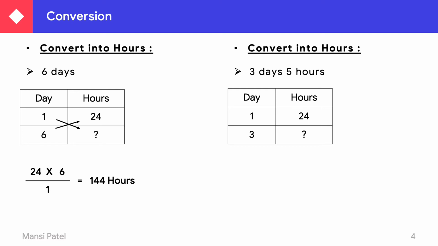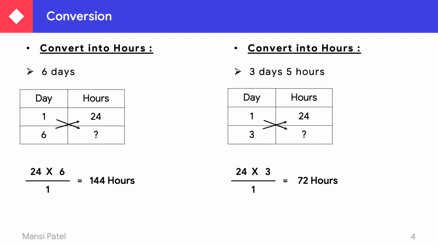How many days are given in the question? 3 days. So 3 days is equal to question mark. Do the multiplication of 3 and 24, and in the division just write 1. So our answer is 24 multiplied by 3 divided by 1. And as you know already, 24 threes are 72 hours.